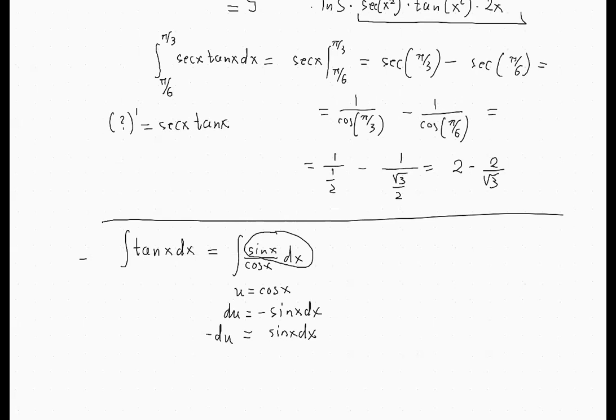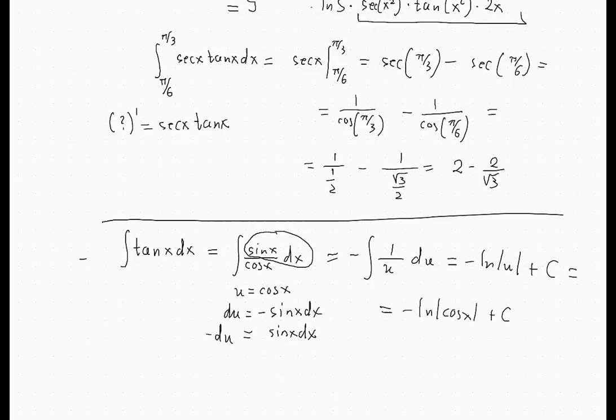And sine x dx is minus du, so allow me to take that negative sign in front. So we will have minus integral of 1 over u du. And that's, of course, negative ln of absolute value of u plus c, which will become negative ln of cosine x plus c. Now you can leave it like that, but it's quite traditional to take this negative sign.